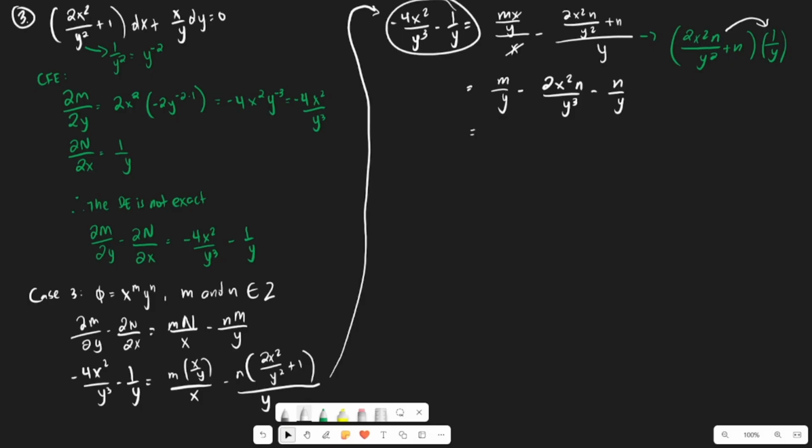So let's move this part with the y cubed denominator to this side. Plus, m over y and n over y have the same denominators, so we can combine them as one fraction. So we'll have m minus n.